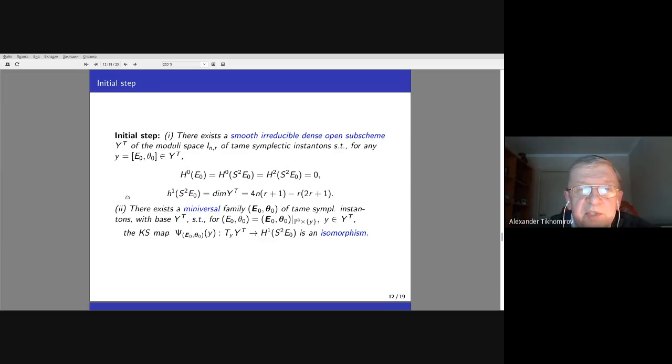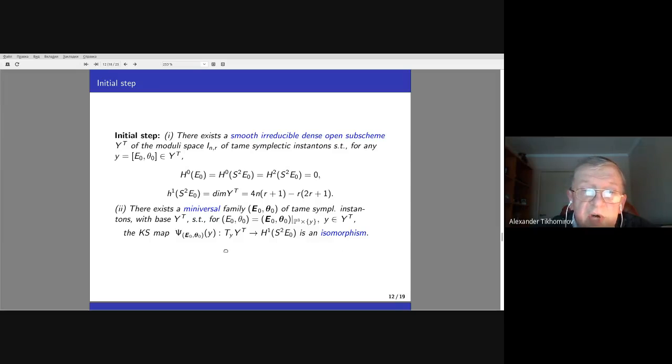And besides, one can find a miniversal family of tame symplectic instantons with base Y_T such that for any bundle from the restriction of it onto P3 times any point in this open subset, the Kodaira-Spencer map is an isomorphism.